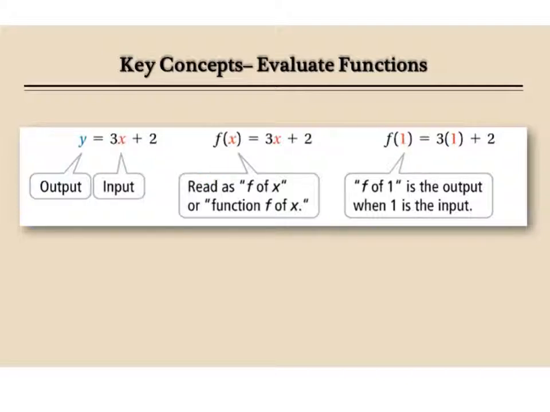However, instead of just f of x, they're going to give you a number. And when they give you a number, you replace x with that number and then solve the problem. So if f of x equals 3x plus 2, f of 1 equals 3 times 1 plus 2, which is 5.